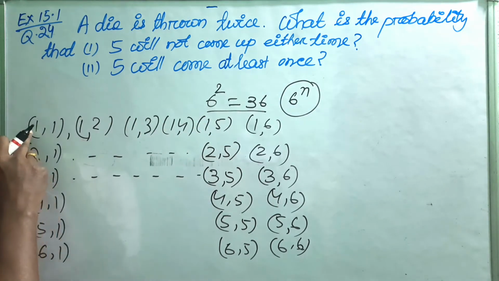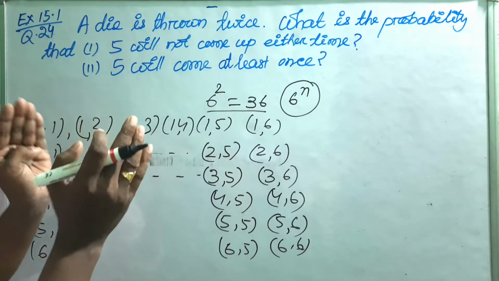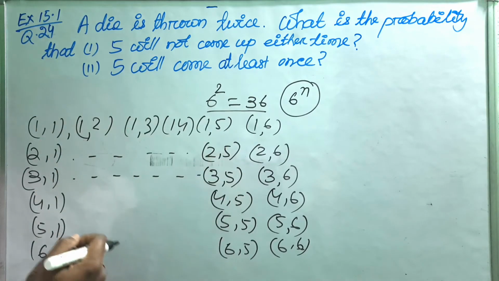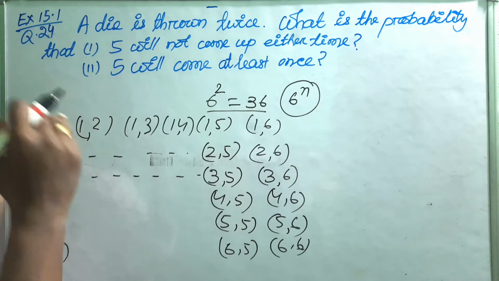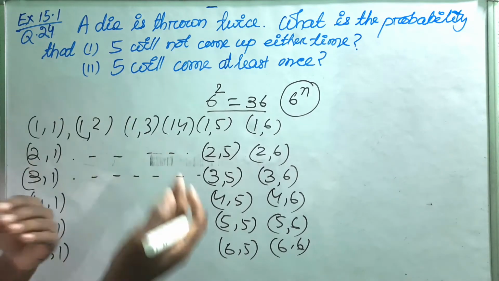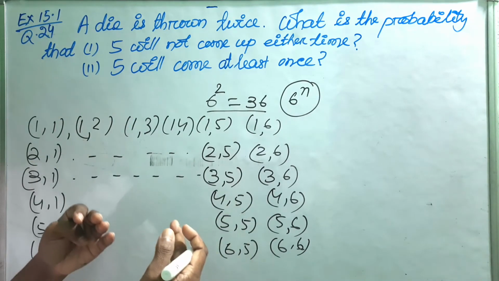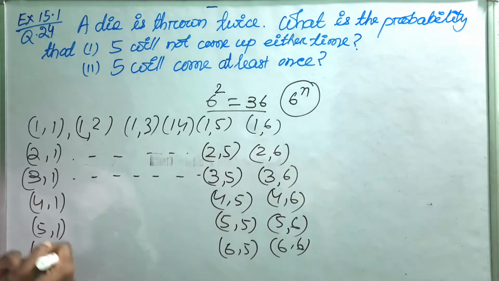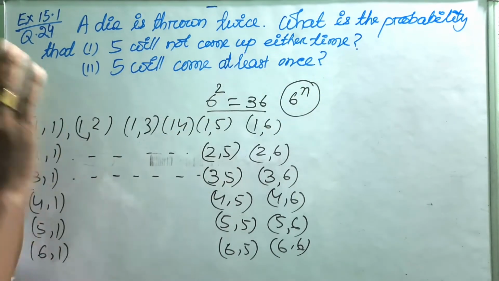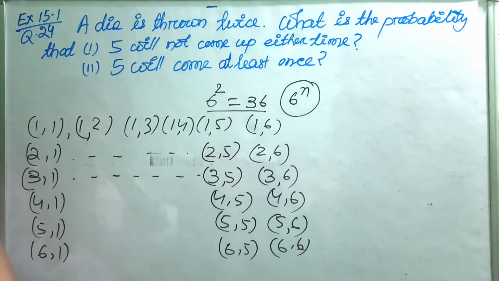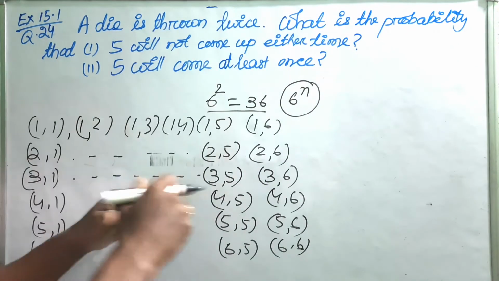Here the first position represents the outcome on the first die, and the number in the second position represents the outcome on the second die. Now our question is, 5 will not come up either time. That means 5 should not appear on either of the dice.